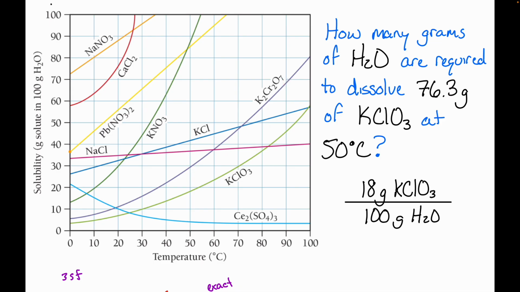So let's say that I crank this up to 90 degrees and I had my 100 grams of water, I got 68 grams of my potassium dichromate dissolved in that water at 90 degrees. Well, then if I cool it back down to 10 degrees, now its solubility is only around 17, 18. What's going to happen to the rest of it?